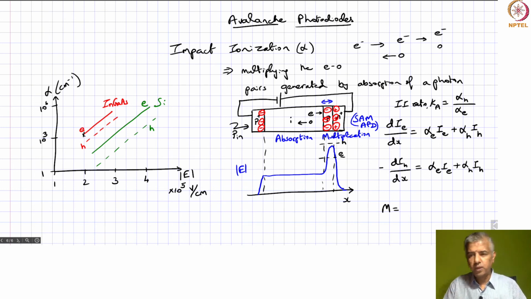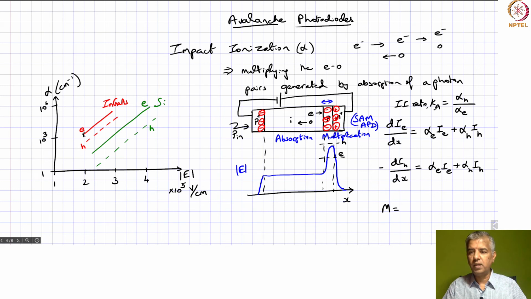So just a quick word about the value of Ka. The value of Ka can be anything from 0 to infinity. So it depends on the relative values of the impact ionization for holes and electrons.